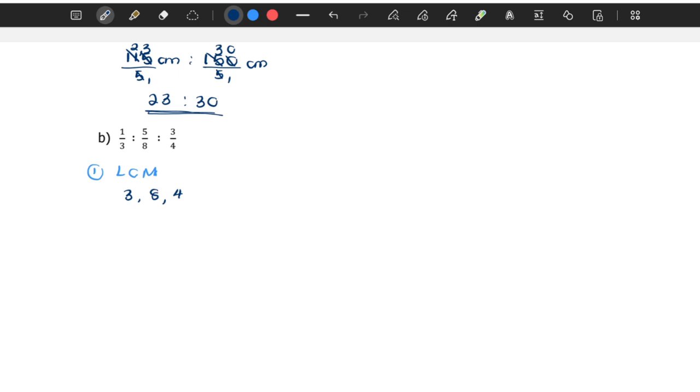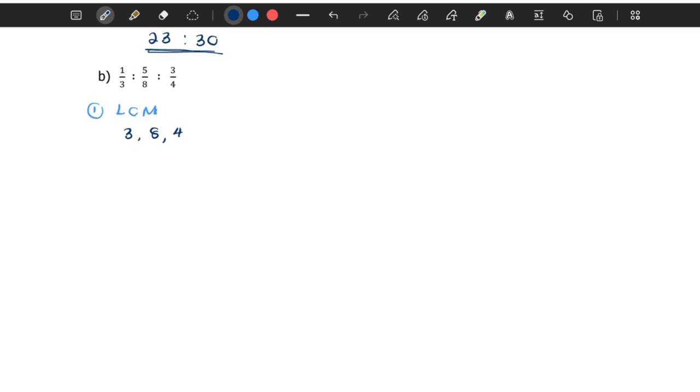Again, from the previous video where we did lowest common multiple, we can have 3 in its prime factors. 3 into 3, that's 1. So that's just going to be 3. Then we have 8. 2 into 8, that's 4. 2 into 4, that's 2. 2 into 2, that's 1. So 3 is just 3 times 1. 8 is equal to 2 times 2 times 2. And 4, 2 into 4, that's 2. 2 into 2, that's 1.